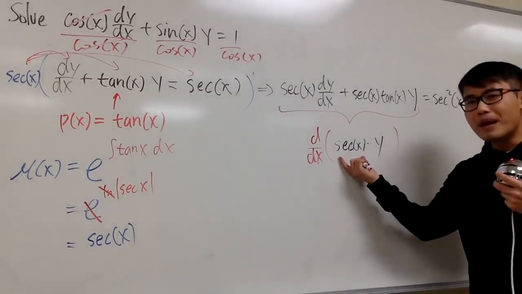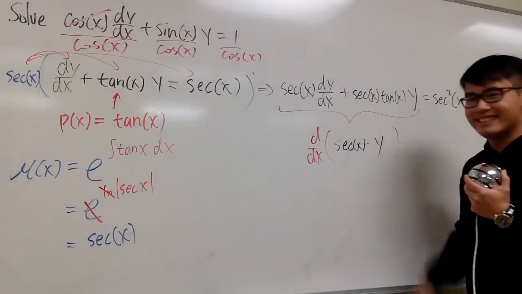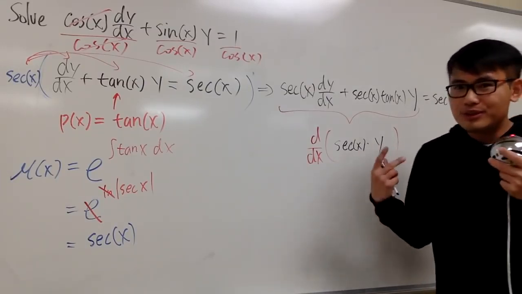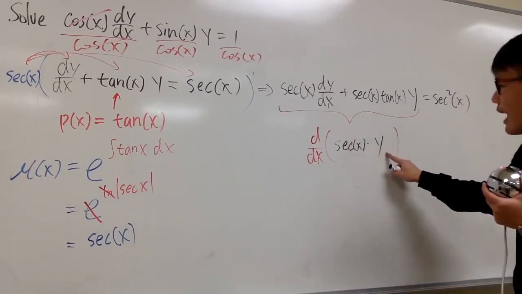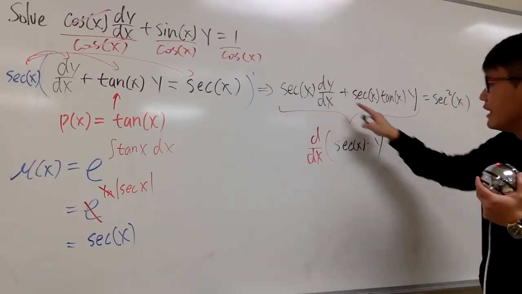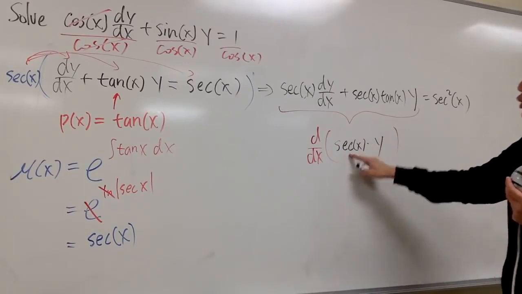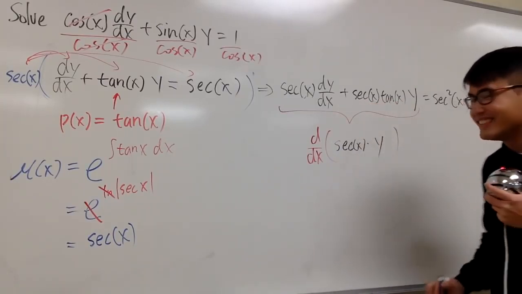You see, if you go back to the form earlier, this was the mu of x and the y. And once again, you can always write down the derivative and just differentiate it to double check. Derivative of secant x times y is you keep the secant x and times the derivative of y, and then you add, you keep the y right here and you multiply by the derivative of secant x, which is secant x tangent x. So nice.